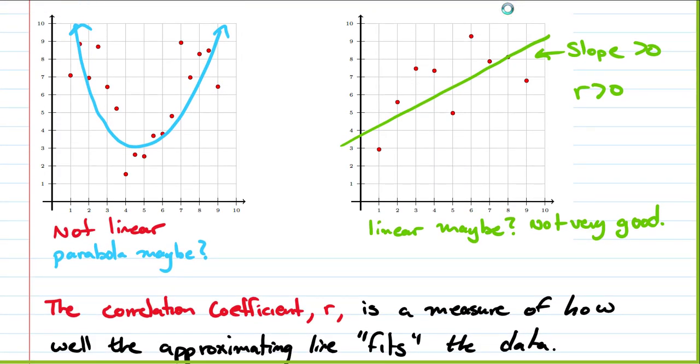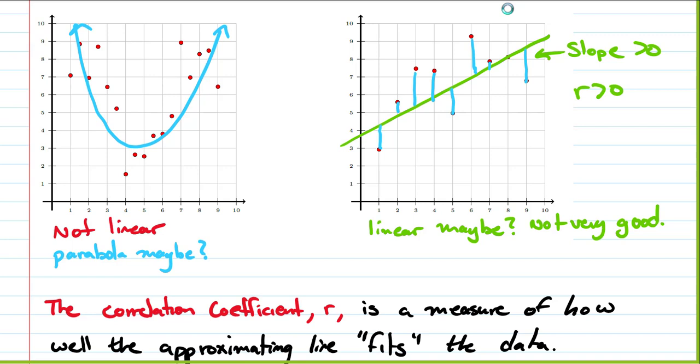If you imagine in this picture, if you were to calculate all of these distances, D1, D2, D3, D4, D5, D6, D7, D8, D9, and then square them, take the square root, and then normalize them by a certain amount to get the ratio R, it tells you on average how far you are away from that line, which is what we're really going for. And then the goal of a linear regression is to minimize those distances.